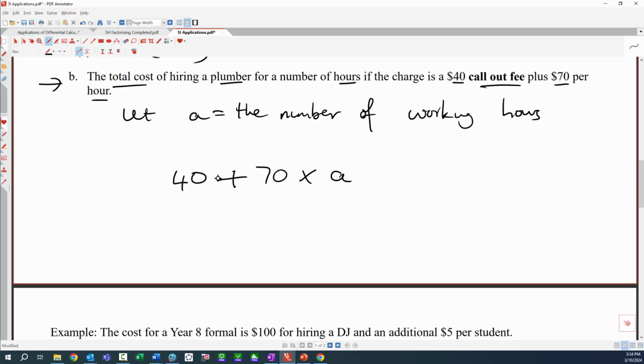So they automatically get $40, which I think is fair enough, because they've come all the way to your house to try and fix the job, and they're expecting to be paid just for turning up, which I think is important. All right, so that would be an expression for the total cost. One thing we probably would do is just remove this multiply sign to write it as 40 plus 70a.